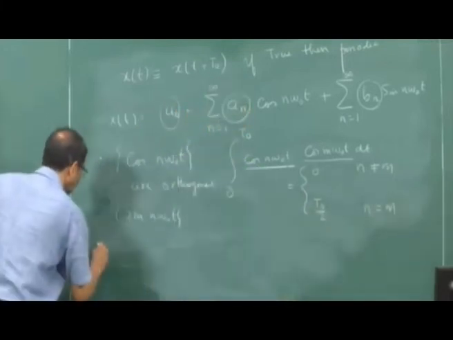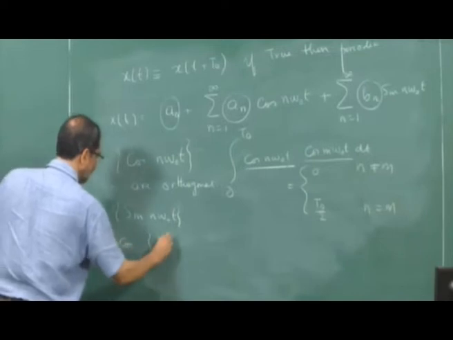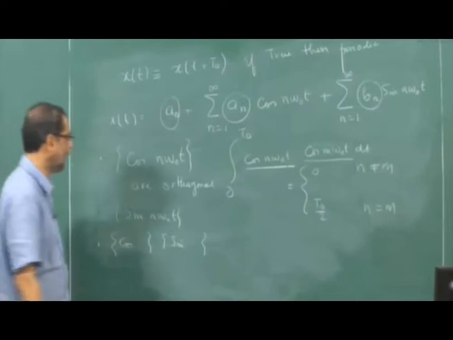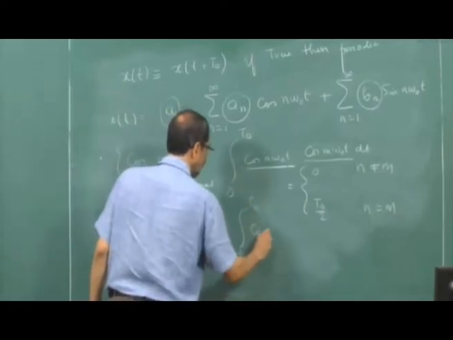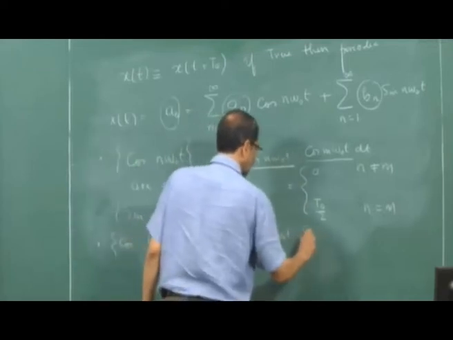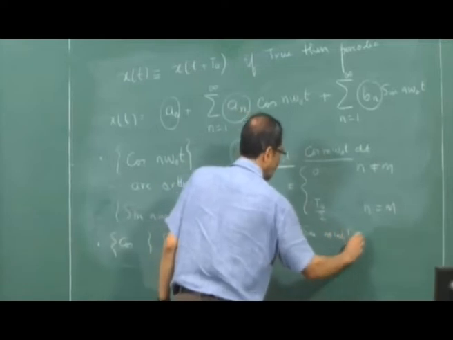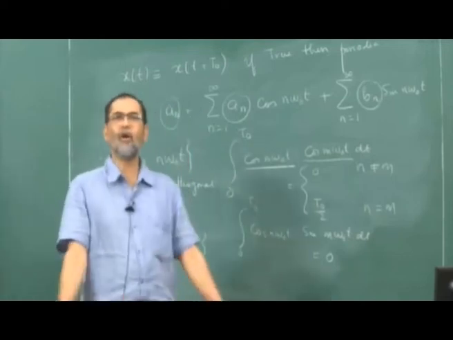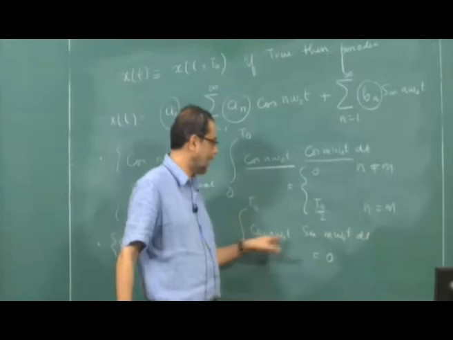Then another interesting property is that the set of functions cosine and sine are mutually orthogonal, meaning if I integrate cos(n omega naught t) with sin(m omega naught t) dt, this will be 0 for all n and m, even when n and m are identical.